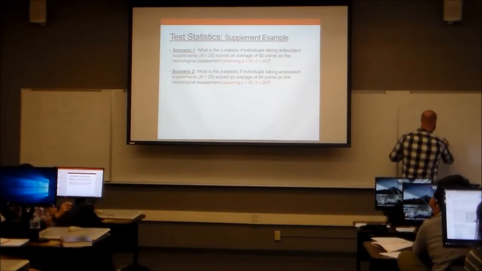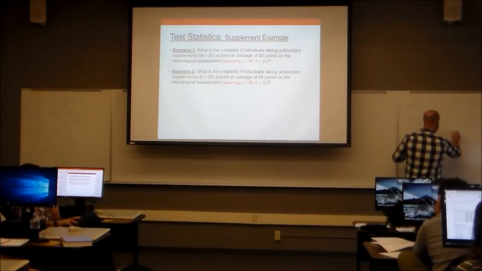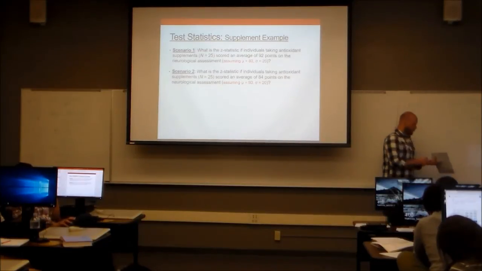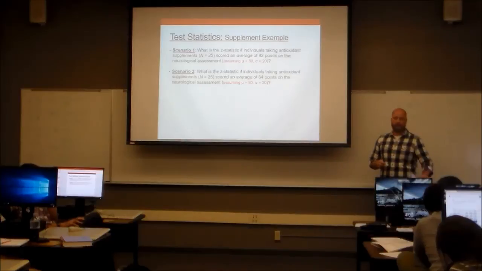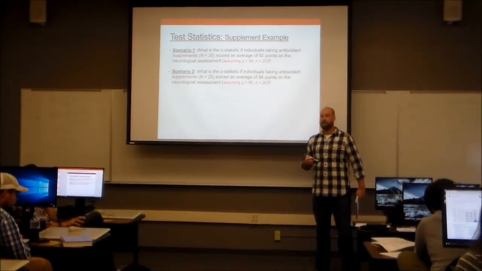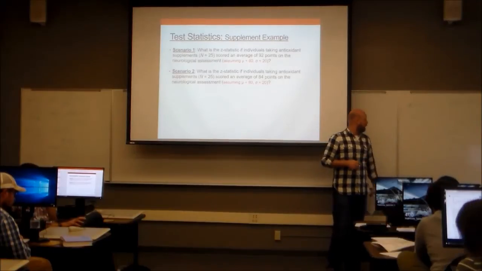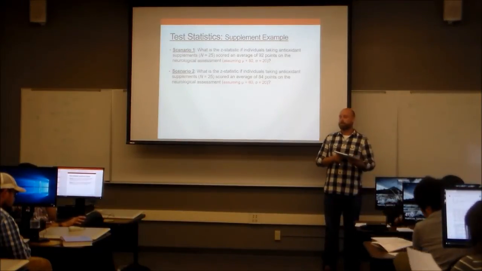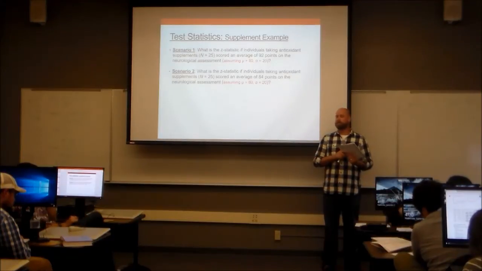Calculate our Z statistic: 84 minus 80 over 4 gives us a Z statistic of 1, right? Someone tell me what the probability is of randomly selecting a sample of 25 with a score of 84 or greater.